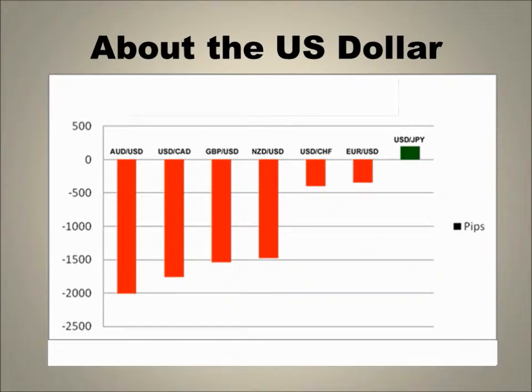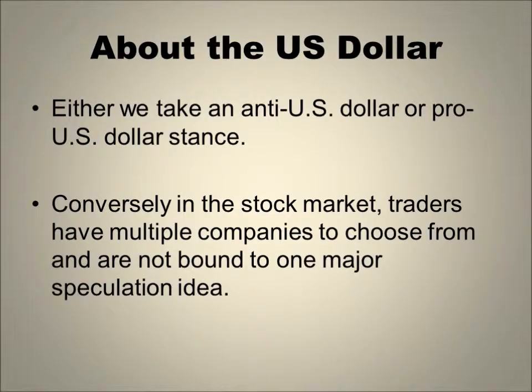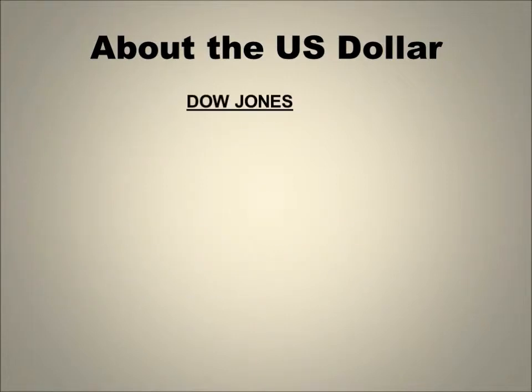Conversely, in the stock market, traders have multiple companies to choose from and are not bound to one major speculation idea. For the companies in the Dow Jones, any news that affects one of the companies is not going to affect the rest of the 29 companies. There are 30 companies in the Dow Jones, in case you were wondering. So, any news story that involves one of the companies is going to affect just that company.